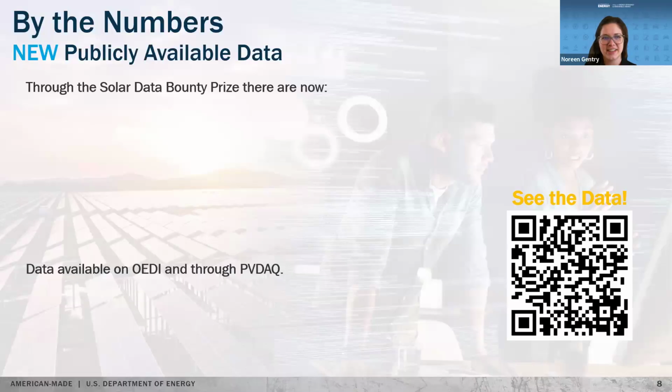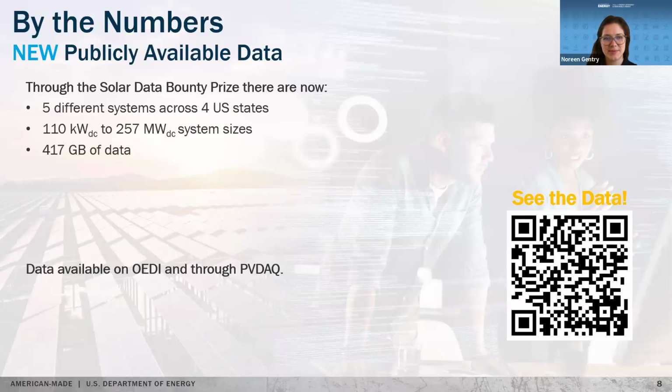So if you go next, by the numbers, thinking about these data sets that we obtained cumulatively, we're really excited about the high quality and diversity of data that we obtained. So you can go ahead and click through these data points.